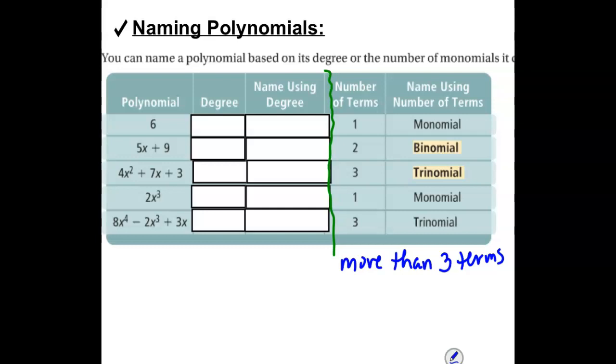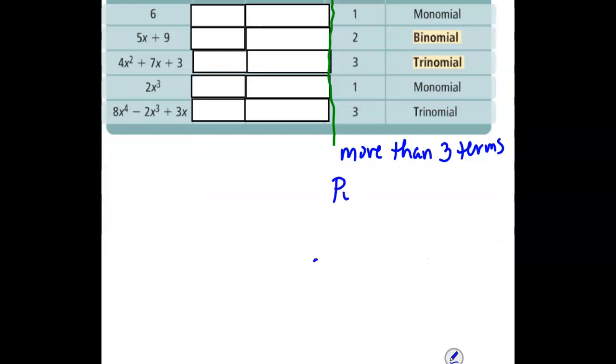Okay? It has many terms. So I could reference something as a polynomial with 5 terms, a polynomial with 4 terms. Okay? We don't have special names for anything beyond 3.